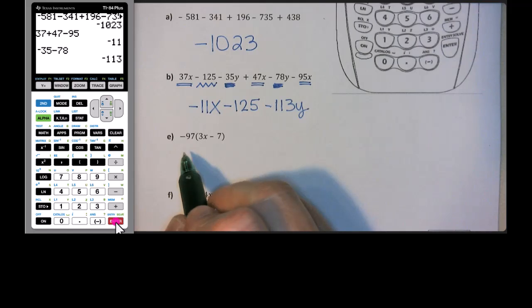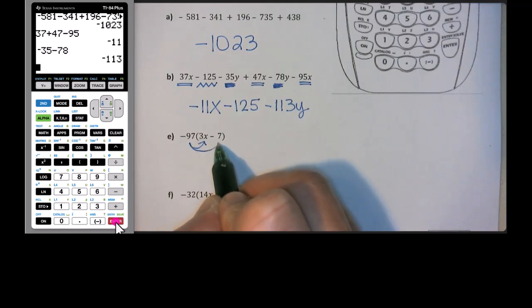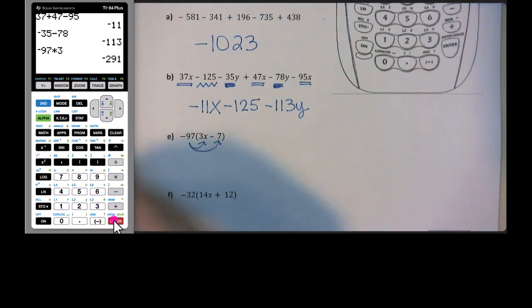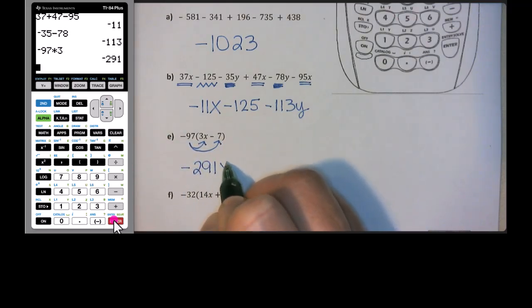Very good. Next set of problems, we have parentheses. To eliminate parentheses, we're going to multiply the number that is outside with the number that are inside the parentheses. Now, to do that, remember, whenever you multiply, you're always going to use the little negative sign. So negative 97 times 3, we get negative 291x.